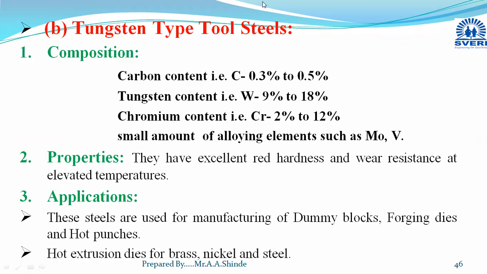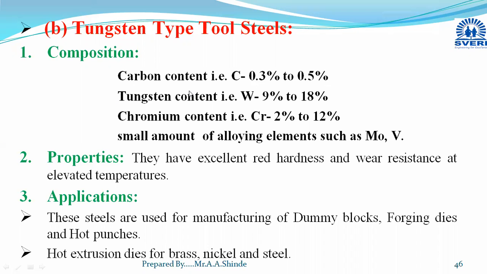Hot work tool steels in which tungsten is present as a principal alloying element will be termed as tungsten type tool steel, and their approximate composition will be like this. Carbon percentage will be in the range 0.3 to 0.5%.